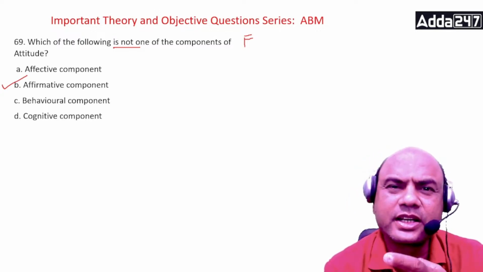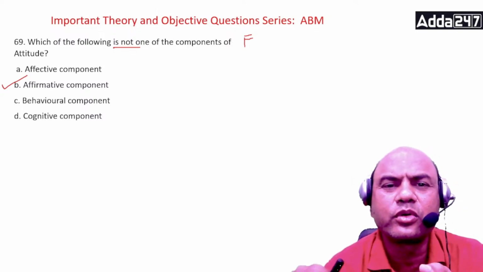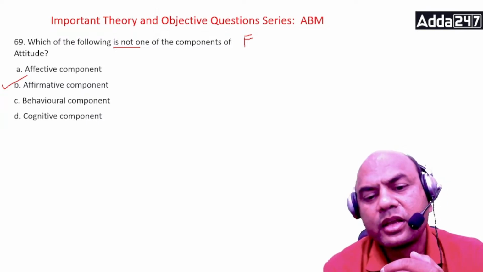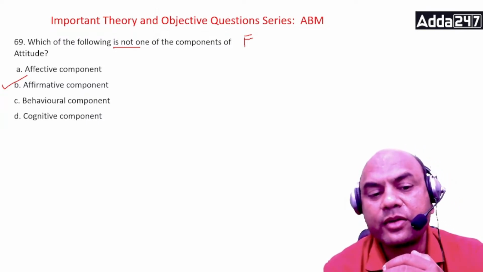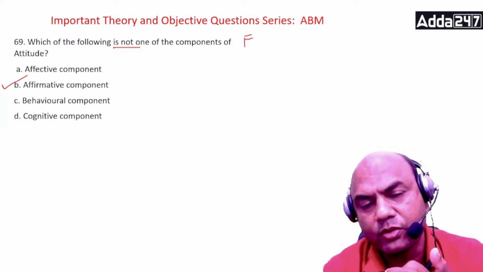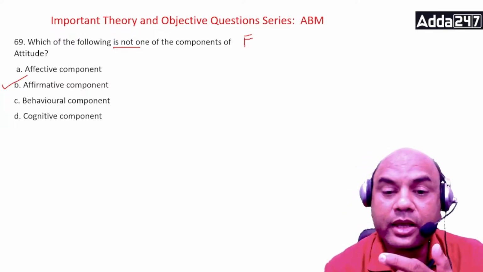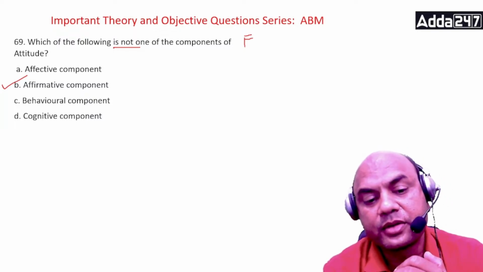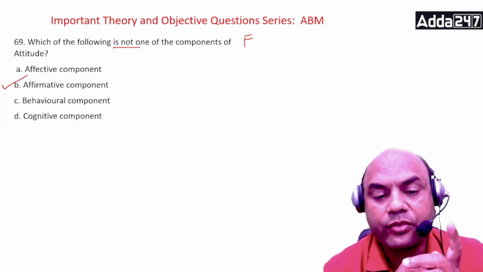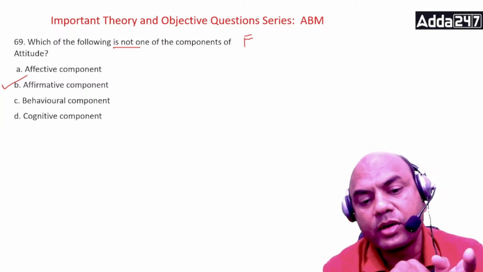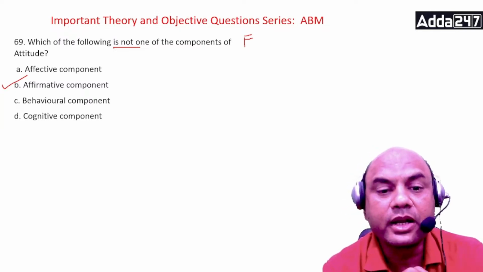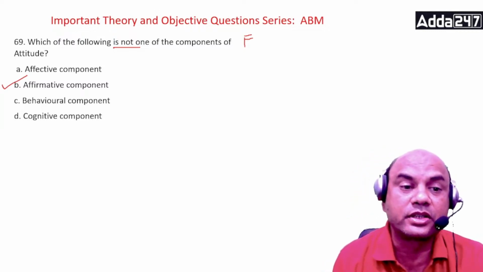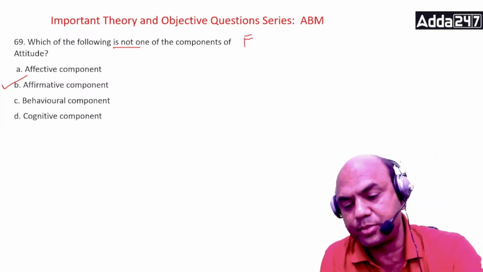I like that person or I don't like that person. Positive or negative. Then they have three components: affective component, behavioral component, and third one is cognitive component. But there is no component called affirmative. So that is the answer, not. That's why we got this answer as B.